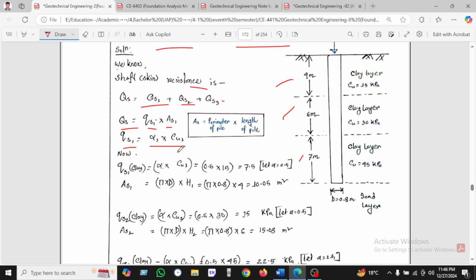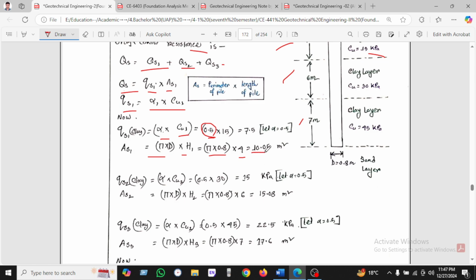Then alpha is 0.5 taken, it is a memorizing frictional coefficient, and CU is given as 50, and AS1 equals perimeter into H. Perimeter we know is pi d, into H, the height of the layer, and found 10.05.